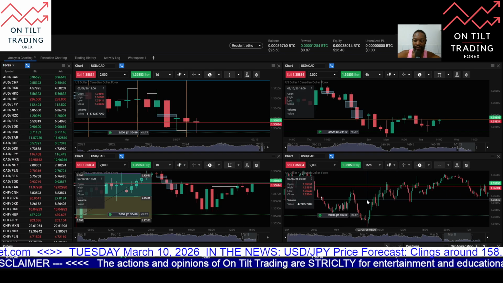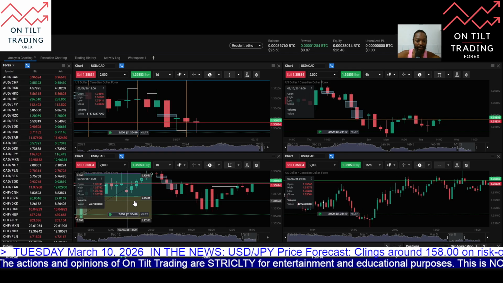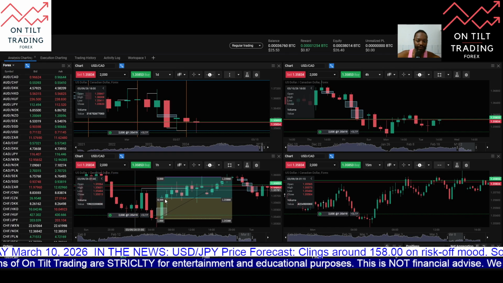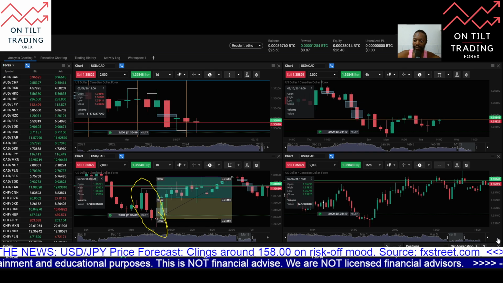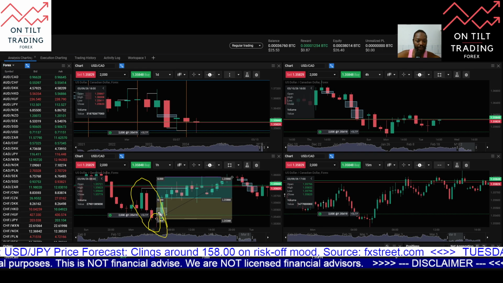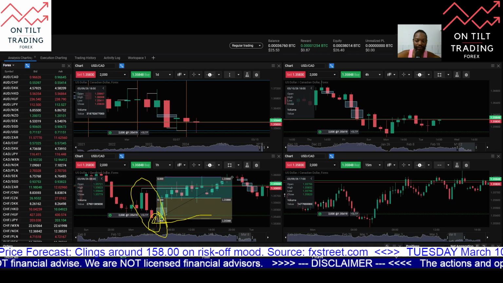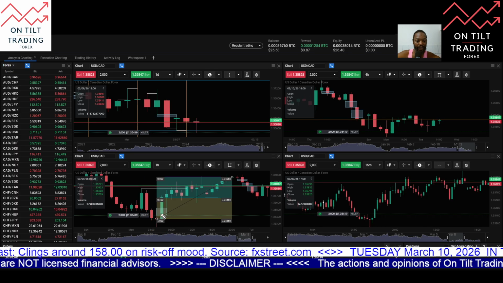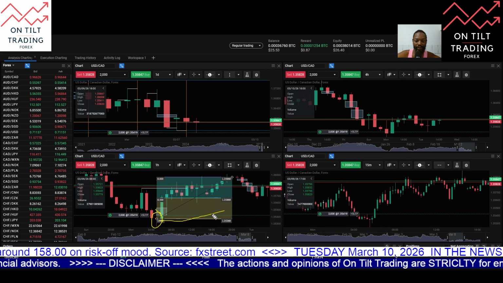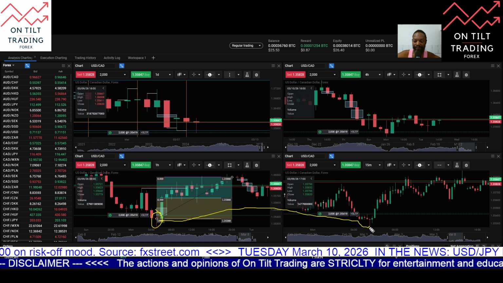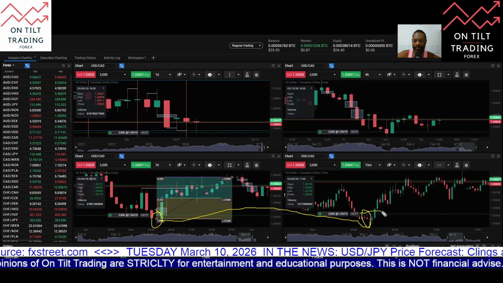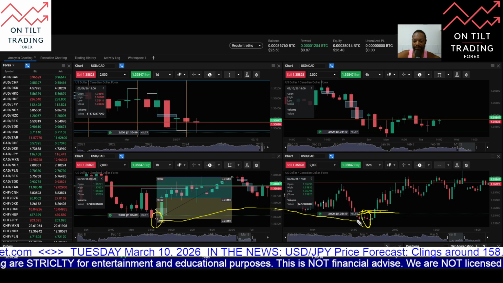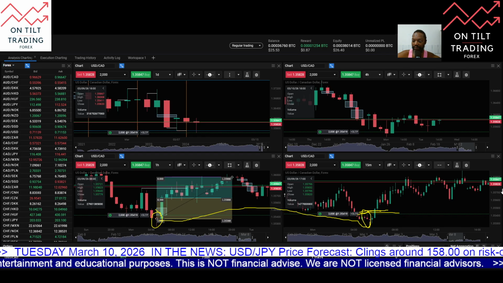So for this 1 hour order block that I've refined here, so this being the order block and then this being the refined order block, this last down close candle here, if you look at it inside the 15-minute, this is what it looks like here. And I've got my entry set for the high of this level right here on the 15-minute.